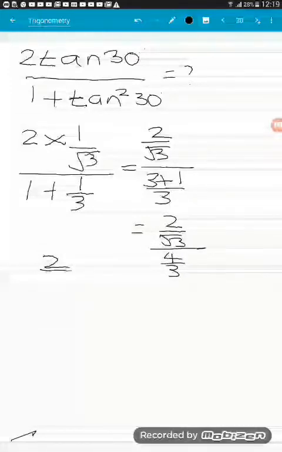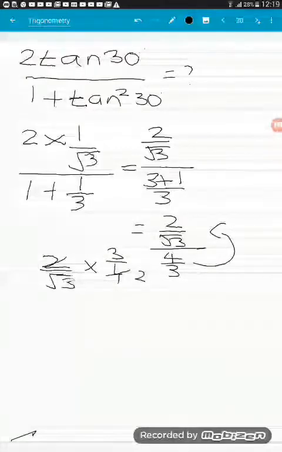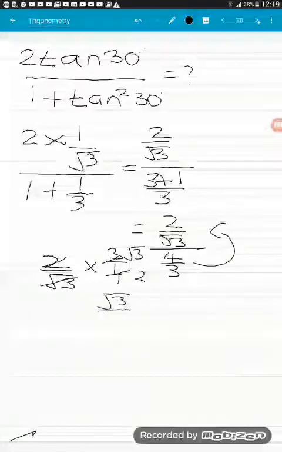And if you bring this up, it will be 3 by 4. And this you can cancel, and the root 3 also. So it will become root 3 by 2. And so we got root 3 by 2.